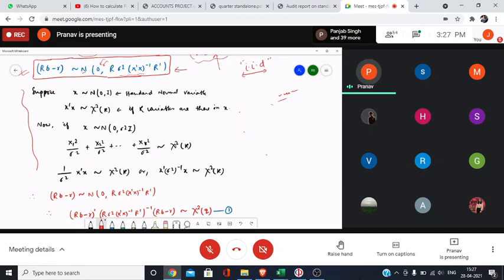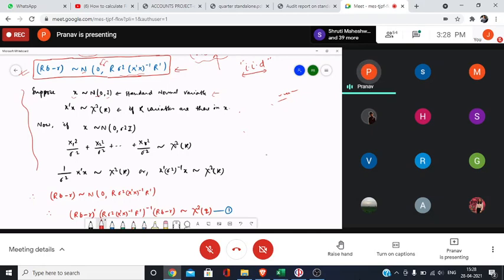So what it says is that suppose there is this vector of variables x, and let's say there are k variables in this, and this x is normally distributed with mean 0 and variance given by the identity matrix. So this is a standard normal variable. x consists of k such variables, all from a standard normal distribution, meaning all these k variables have mean 0 and unit variance.